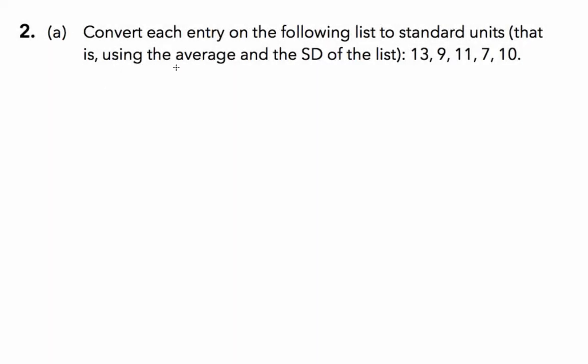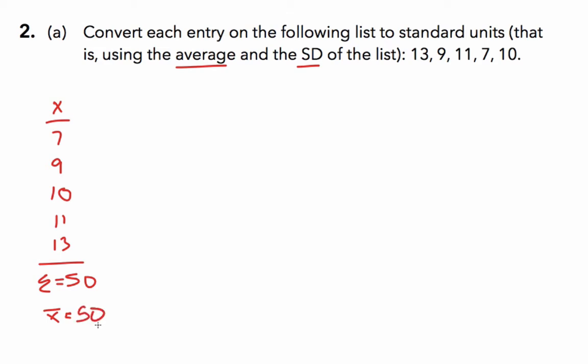To solve question 2, we need to find the mean and standard deviation of the list of values first. We can rewrite the values in numerical order and then add them up to get a sum of 50. When we divide that sum by 5, the value of n, we get 10, our sample average, or x bar.